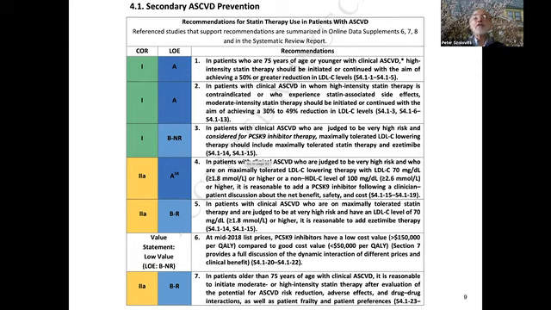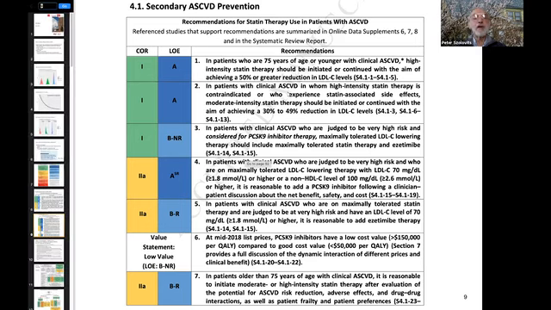If you're 75 years of age or younger with clinical cardiovascular disease, then high intensity statin therapy should be initiated or continued with the aim of achieving a 50% or greater reduction in LDL-C, et cetera. Again, a whole bunch of different recommendations. Once again, this is just the first page of a couple of pages, with the strength of the recommendation and the quality of evidence for it.